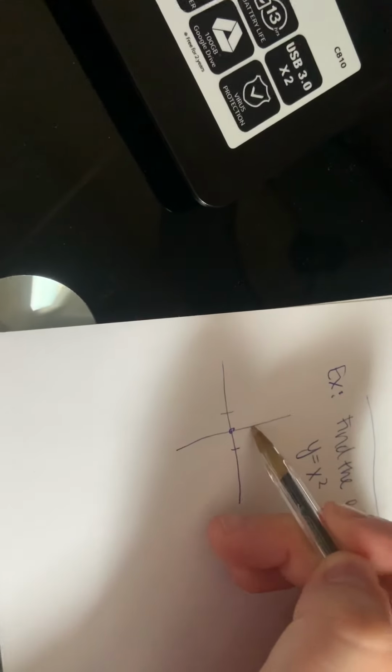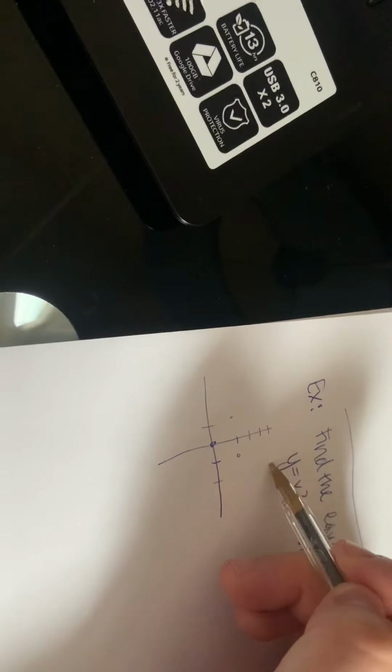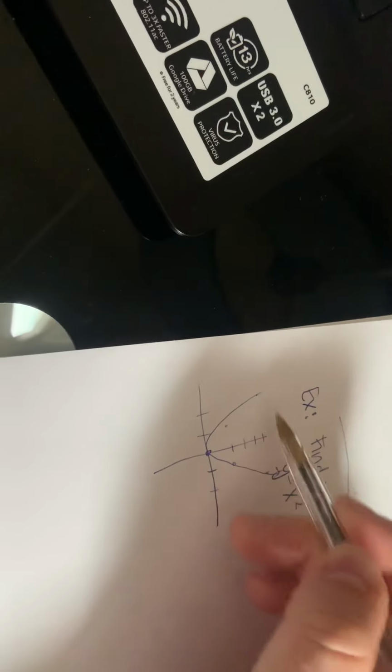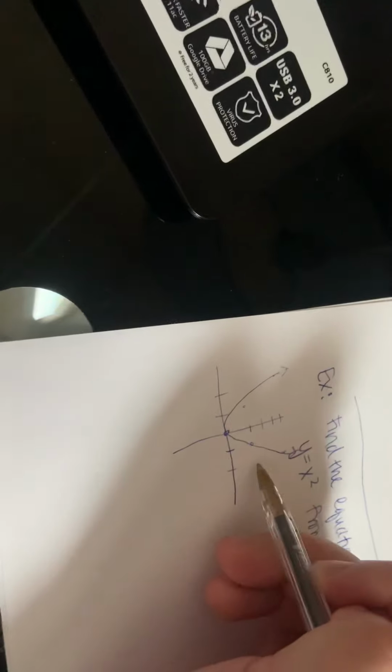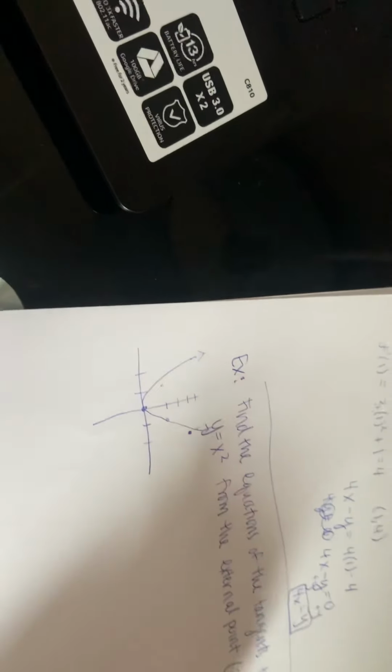So what this looks like if I'm going to graph this, just a quick, cute little sketch. Well, x squared goes through (0, 0), (1, 1), (2, 4), something like this. And there's some sort of external point, (2, 3), so maybe right here. So this is the external point (2, 3).